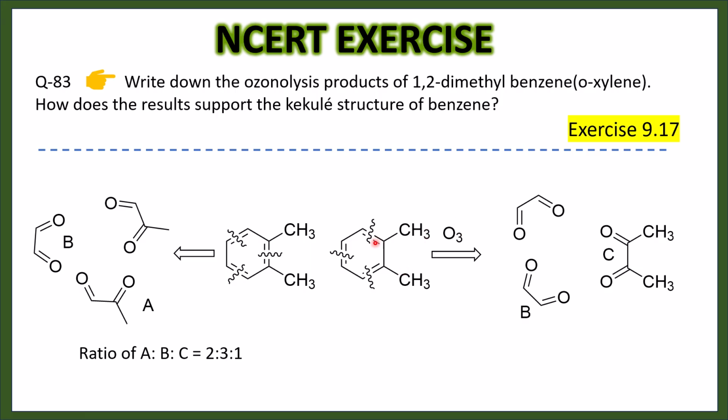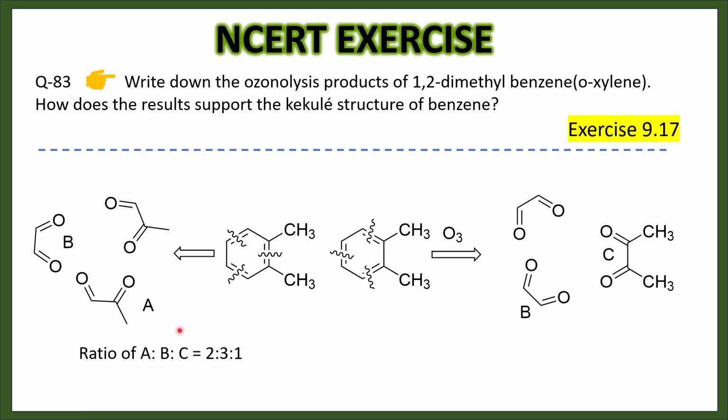if the double bonds are in this orientation, then it gives glyoxal this way, another glyoxal this way, and this diketone, dimethyl. If the double bonds are in this other orientation, then cleavage gives 2 moles of the ketoaldehyde and 1 mole of glyoxal.